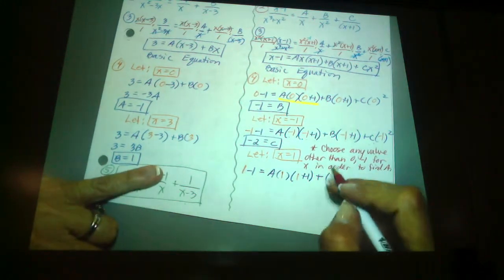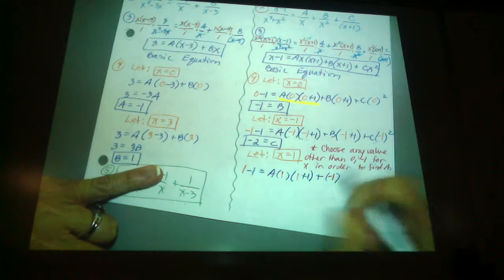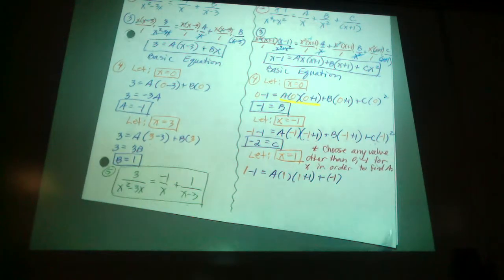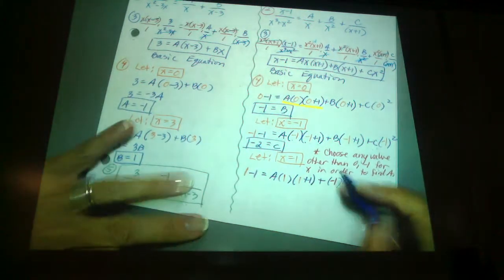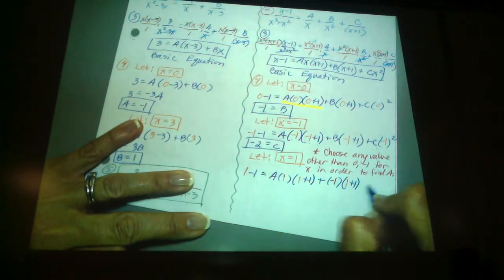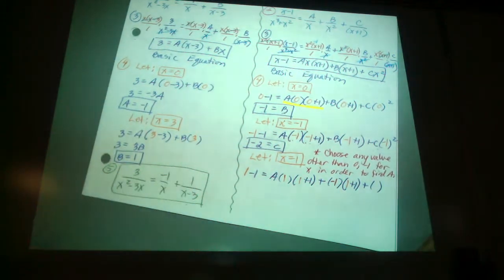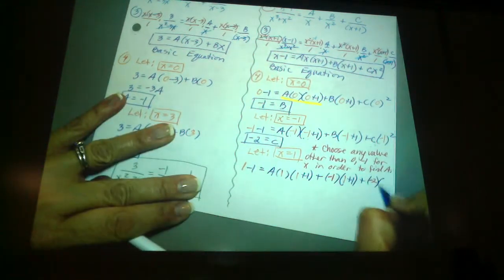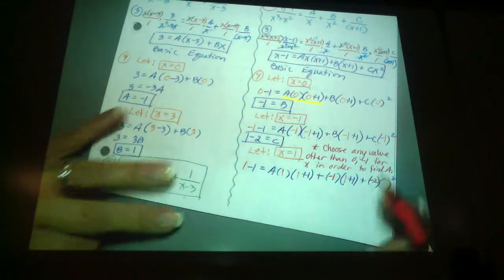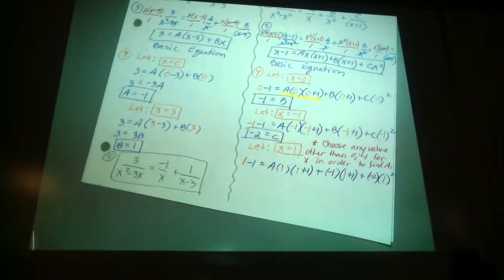That's a -1. And then times, my x is 1, plus 1, plus I do know my c. My c is -2 times, we're letting x be 1 squared. So make sure you follow your order of operations.